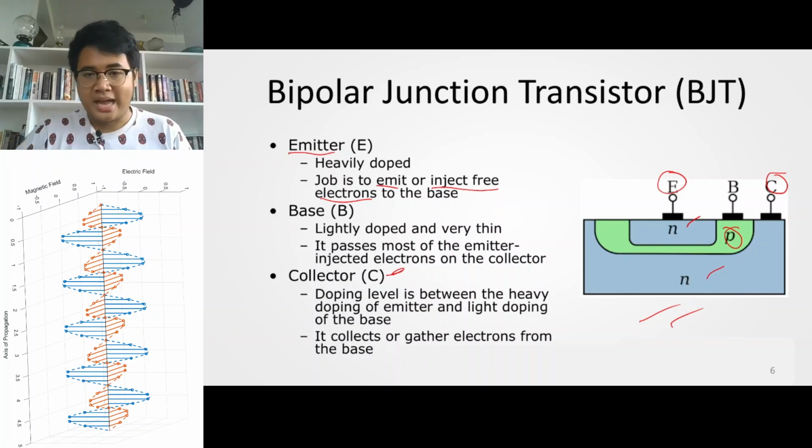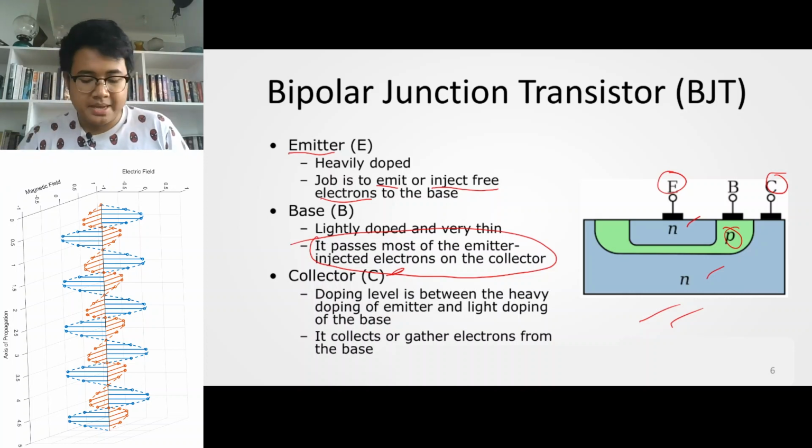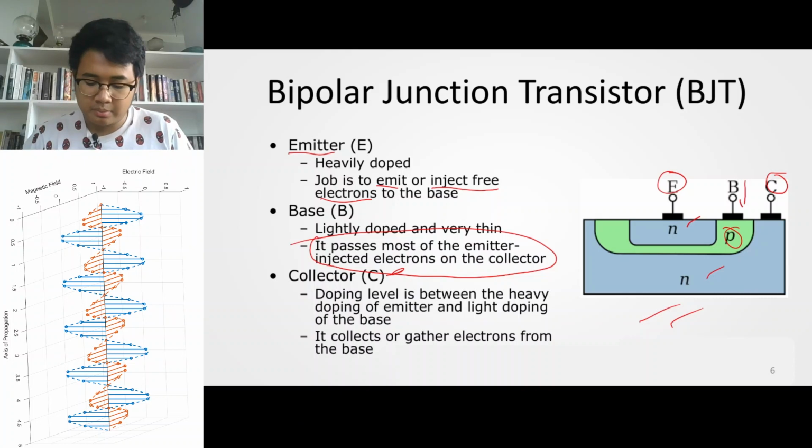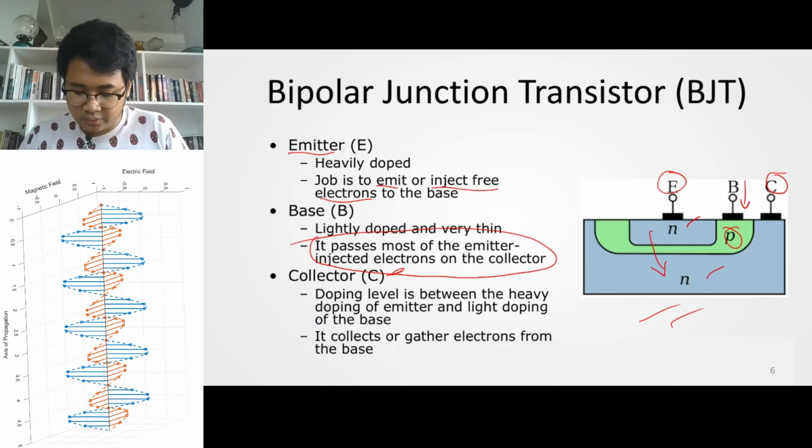And to do that, for the emitter to be able to emit free electrons, the base must be activated first. Right? So the base must pass all these carriers from the emitter to the collector. So by activating the base first, by injecting a current in the base, carriers are free to flow from your emitter to your collector.